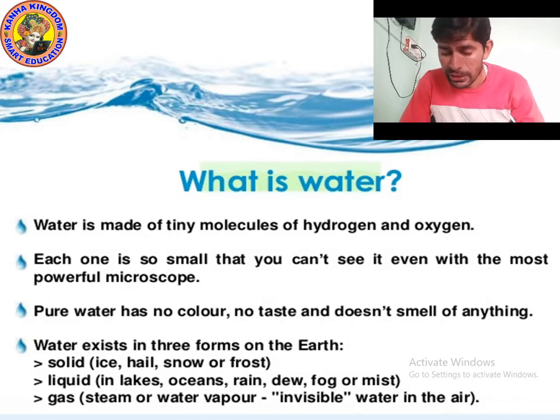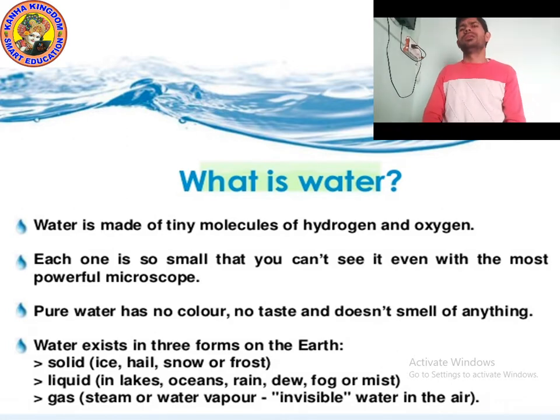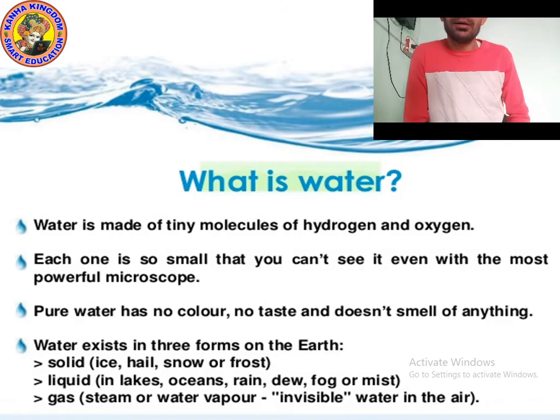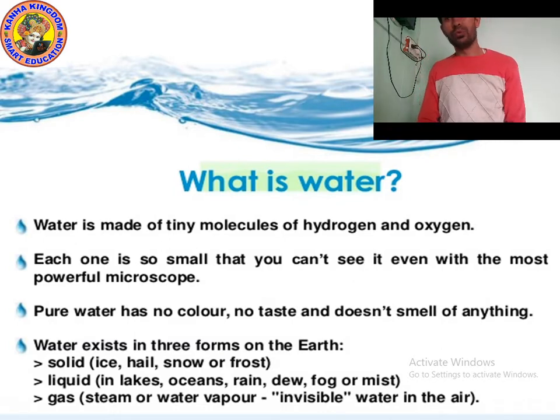So which forms of water are solid? Solid is ice. Hail is solid. Snow is solid. And in the liquid form, water is present in lakes, oceans, rain, dew, fog, and mist. All these are liquid forms of water.